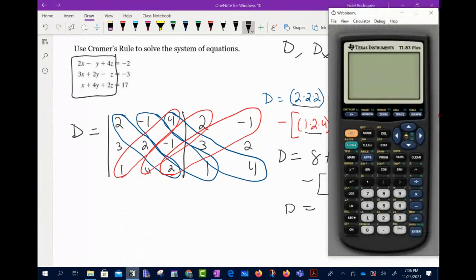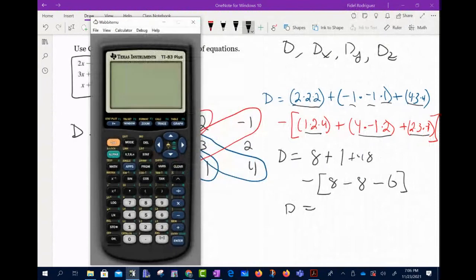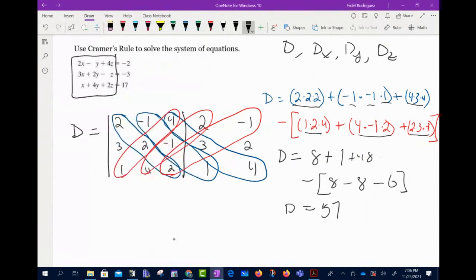So let me grab my calculator here. Let me move it to the side so we can figure this out. 8 plus 1 plus 48 is 57. Okay. Minus, let's see, well, 8 and 8 are going to cancel. That's a -6. So that becomes plus.